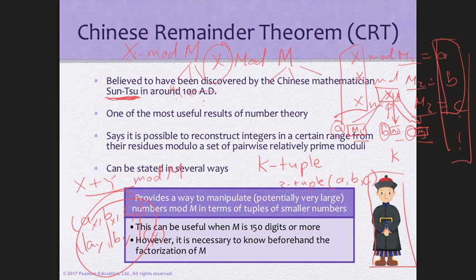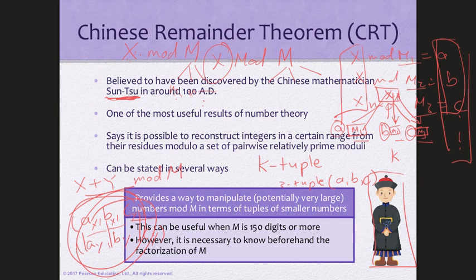Okay? Now, if I've done this and I was able to get x mod m1, x mod m2, x mod m3, which I call ax, bx, cx, and I was able to get y mod m1, y mod m2, y mod m3, which I call ay, by, cy. If I want to add x and y, I can simply add their representation in the subspaces m1, m2, m3, and so on, right?